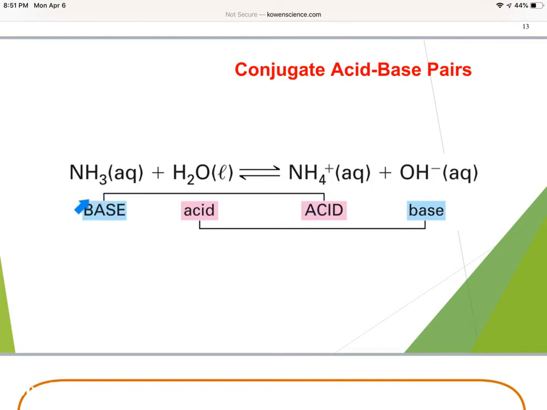The one with the smaller number of hydrogens is the conjugate base. These two go together. When we look at this one and this one, the H2O has more hydrogens. It has one more hydrogen than the OH. So this is the conjugate acid. This is the conjugate base.